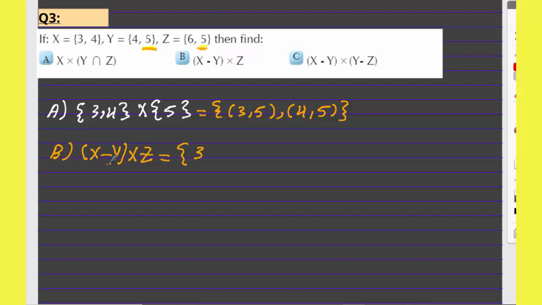It is the element which exists in x and does not exist in y. So x difference y equals only one element, it's 3. Multiply the elements of z, 6 and 5. So the Cartesian product is 3 and 6, 3 and 5.